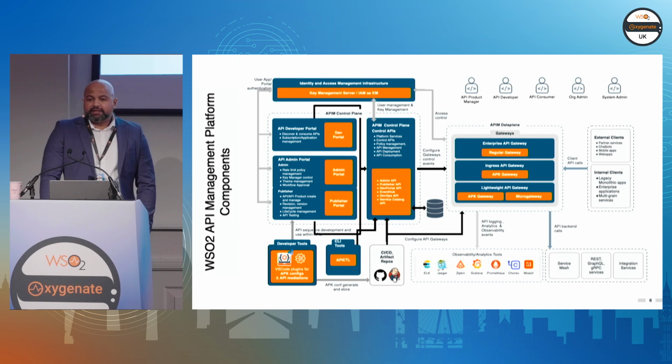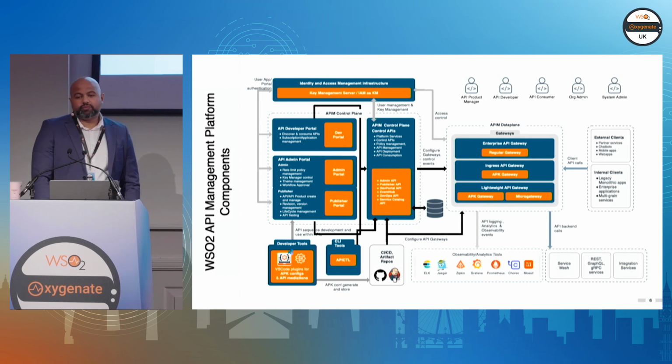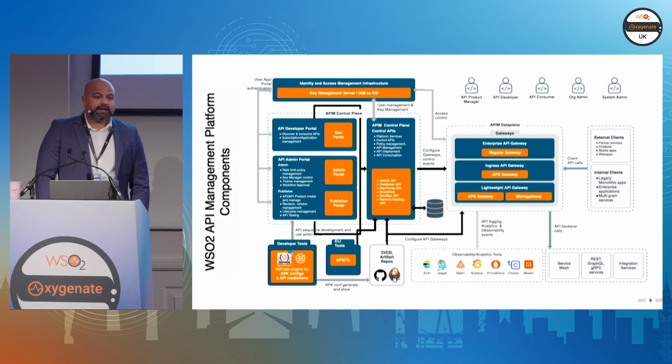We also have another portal called the developer portal, which is the API catalog. If you have application developers, these can be your internal application developers or some external party who would be consuming your APIs. All the APIs are listed on the developer portal, so they can go to this developer portal and see what APIs are available.